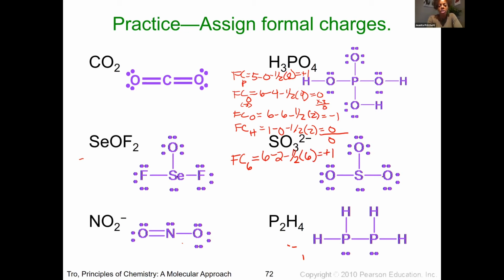Now, each of my oxygens are the same. So the formal charge of, I said 6 up here, that should have been just sulfur. Formal charge of oxygen would be 6 minus 6 minus 1/2 of 2 gives us -1, excuse me.